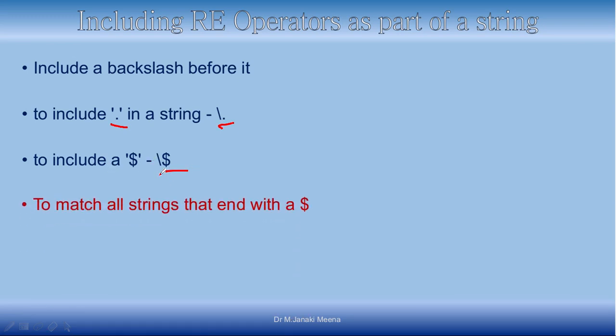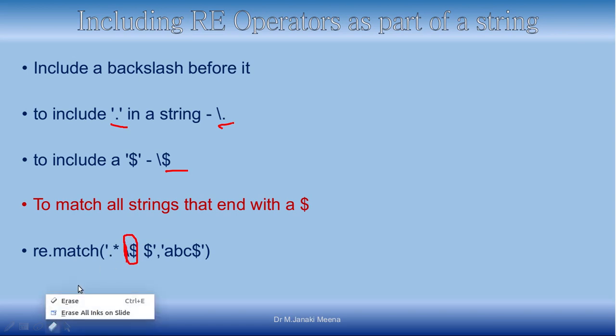So, when you want to match all strings that end with a dollar, the expression will be like this: dot star, it can match any character any number of times, and this backslash dollar is to match the dollar in the string.